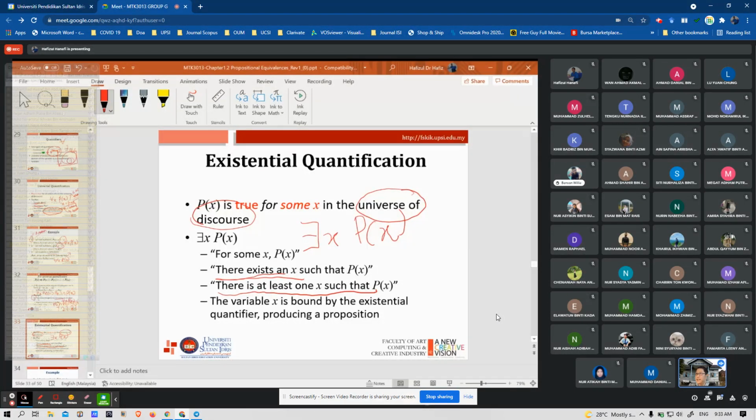But the variable x is bound by the existential quantifier producing a proposition. Same goes to the universal quantification for all. This one is bound because you have the quantifier. That's why x is bound.